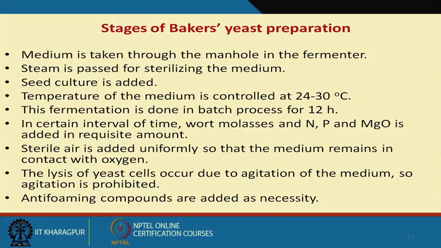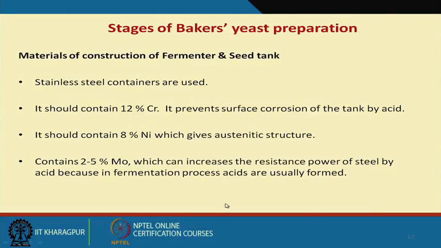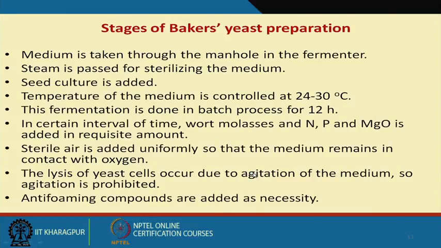So even if you increase the agitator speed, the growth will not be much affected, but we cannot go beyond a certain level. Usually 200 to 250 rpm is good enough for keeping the cells in suspension. Antifoam compound is added whenever it is required.